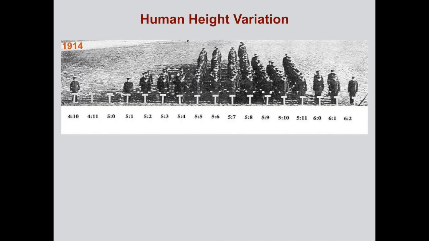Human height shows a great deal of variation. Here is an image taken from 1914 of students at a college, and they're lined up by their heights from 4 feet 10 inches to 6 feet 2 inches.